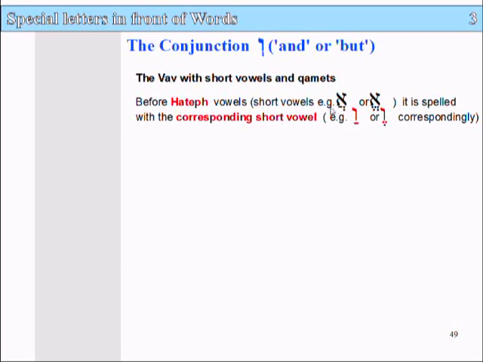So if we have a vav in front of a word beginning with, for example, a patach hatuf, then we spell the word with the vav in front of it with a patach. And if it's got a segol hatuf at the front of the word, then the vav that's put in front of that has a segol in it.